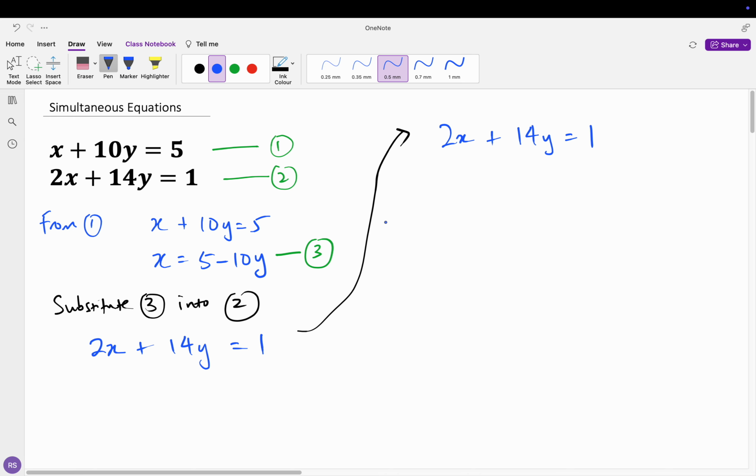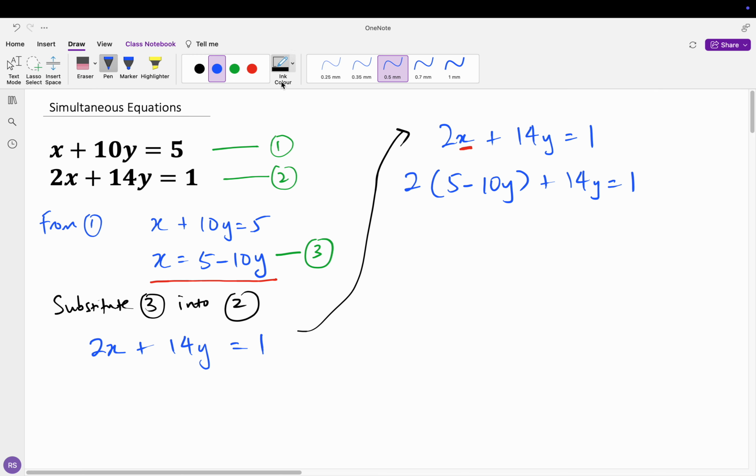And since x has been solved to be equal to 5 minus 10y, I will replace the x here with the new expression for x. So 2(5 minus 10y) plus 14y is equal to 1.